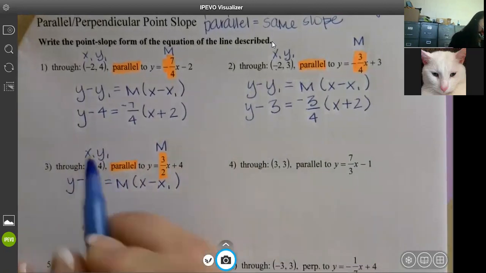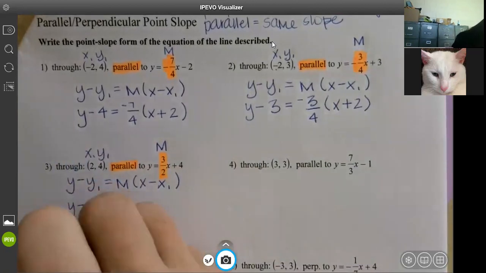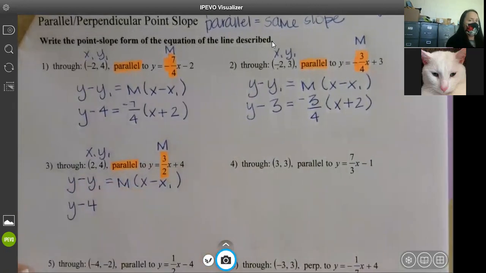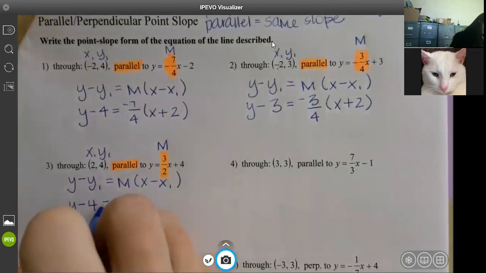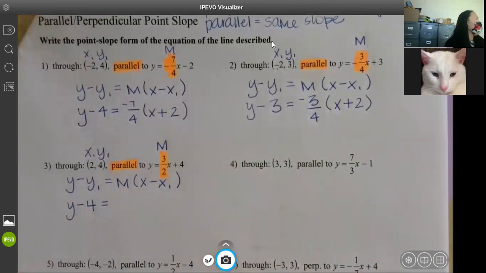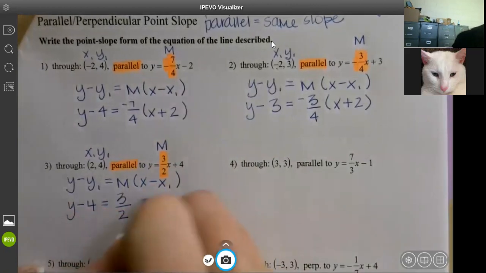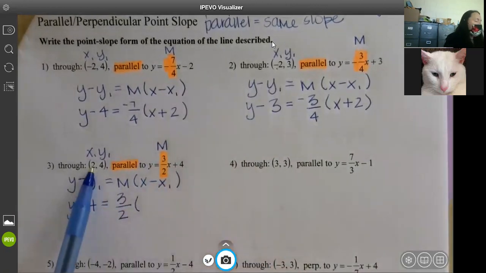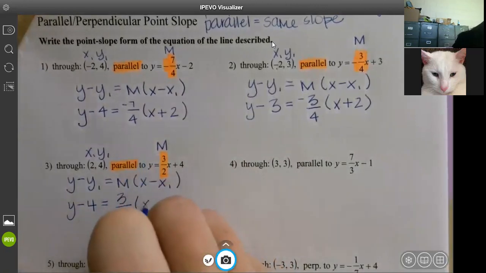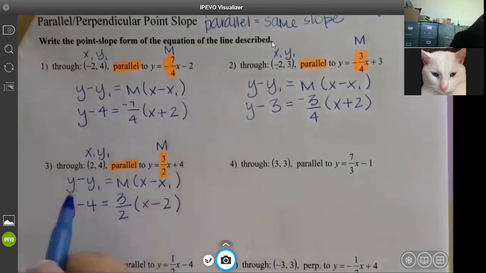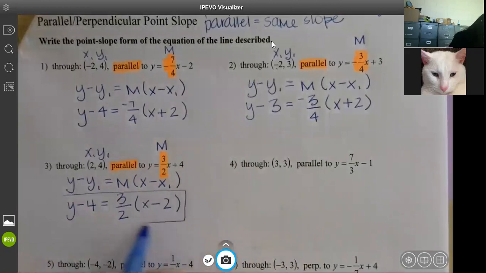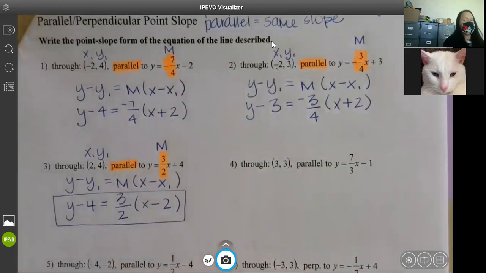We have a positive 4 as a point. So in the equation, it has to be a negative 4. It just makes it a little bit easier to think about it like that. All right. Our m was the 3/2 from the equation they gave us. And then we have a positive 2 point. So in the equation, make sure that it's opposite and it's negative 2. That is it.